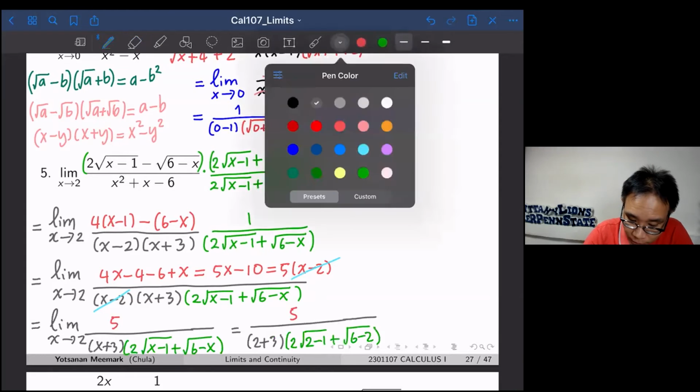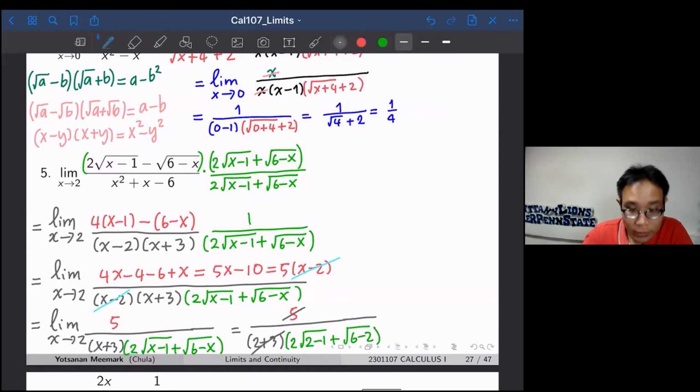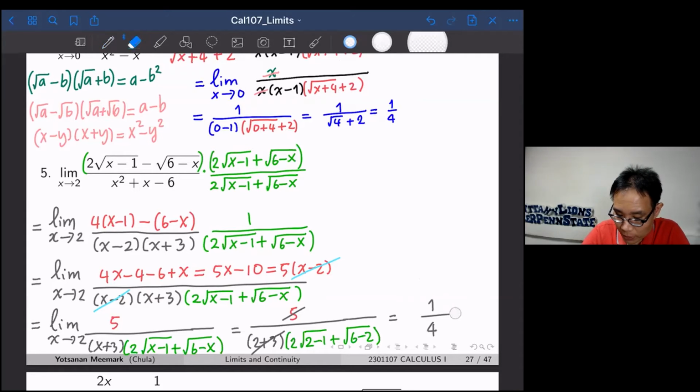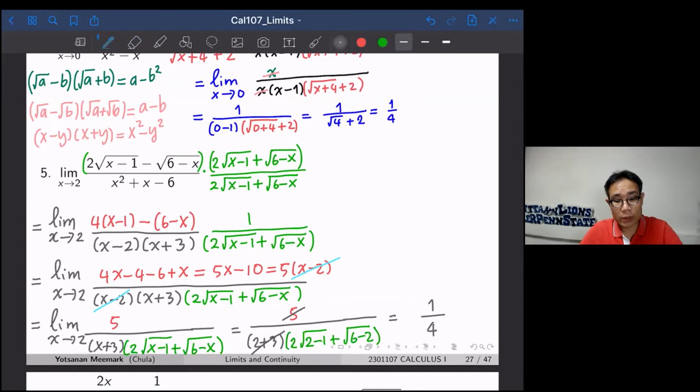So you get 5 over 5, and here you would have 1 over 2 plus 2, so it's going to be 1/4. So you get 1/4 for your final answer.